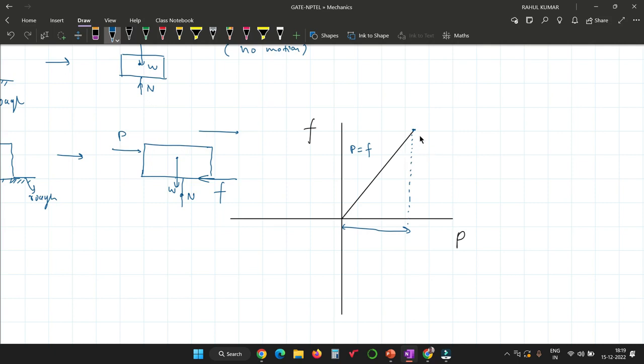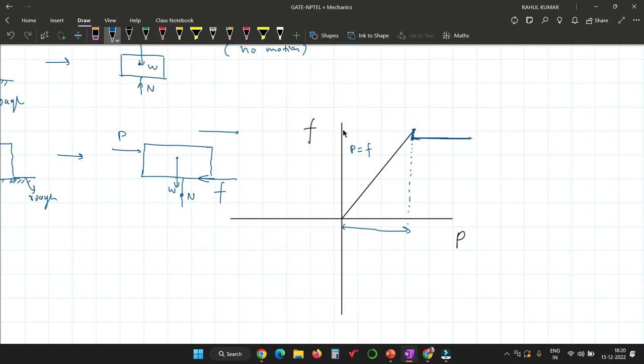But after this point, do you know what will happen? The magnitude of the force drops by some amount, and after this point a constant amount of friction force will act. There is no such variation of friction force.